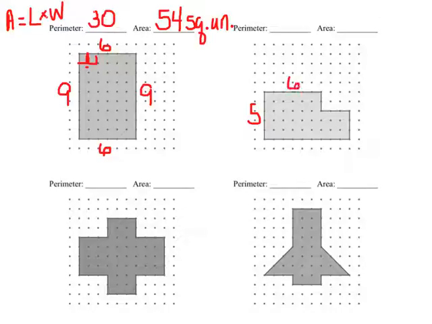So this is going to have a 6. Coming down, I have 1, 2. So I need a 2 there. And then I have a 1, 2, 3.